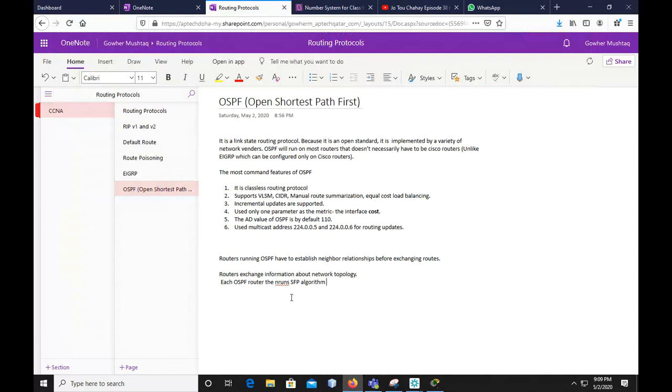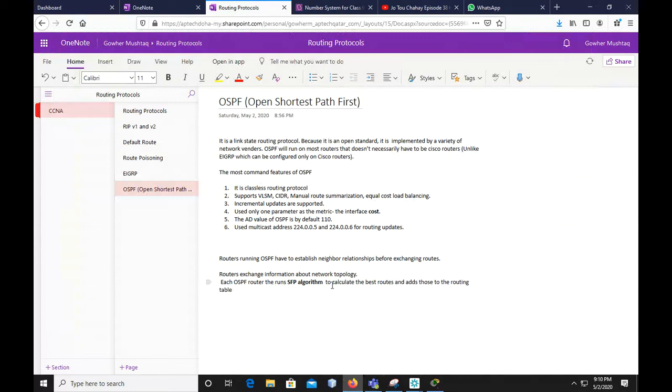S stands for shortest, shortest path first. The SPF algorithm runs to calculate the metric and the best routes, and adds those to the routing table.